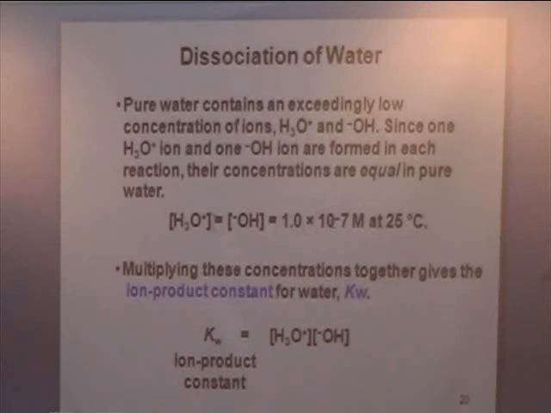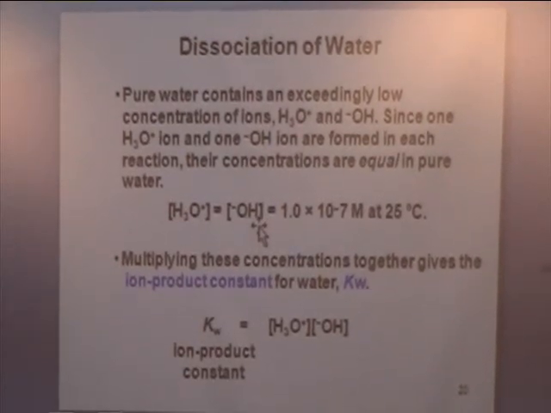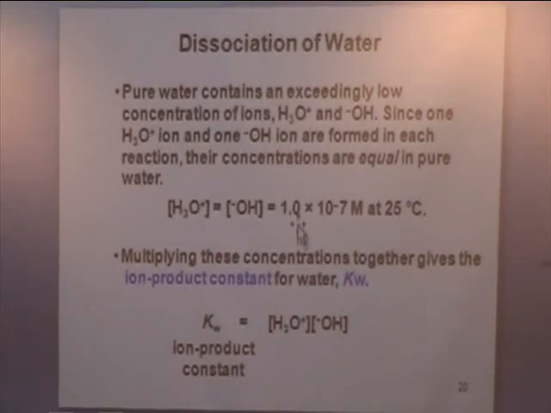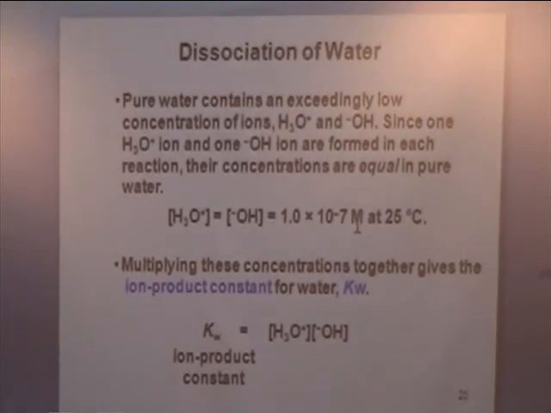If you have pure water, the concentration of H3O, which is the acidic medium, and the OH, the basic medium, are the same. Then, when you measure their concentration at room temperature, it is 1 × 10⁻⁷ molarity. That is an experimentally determined value.